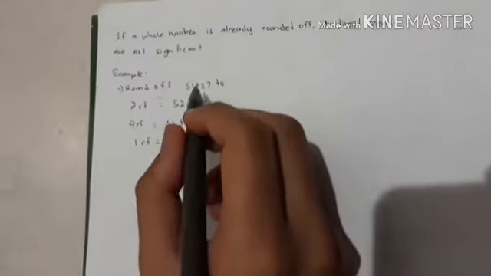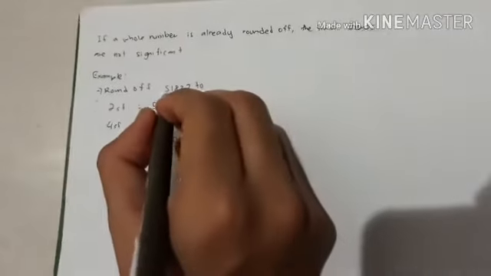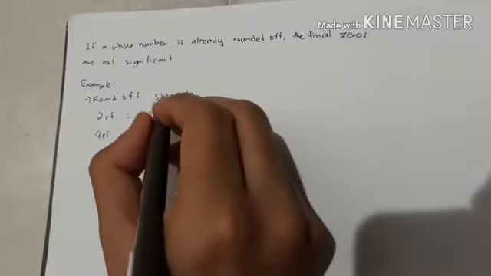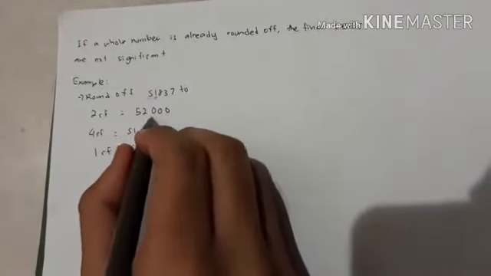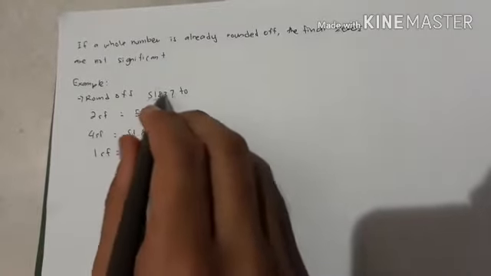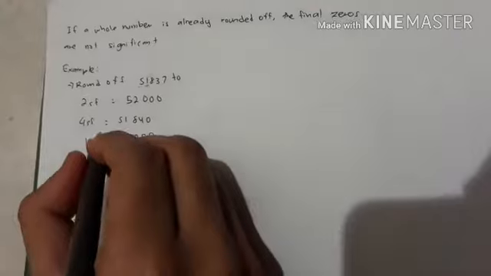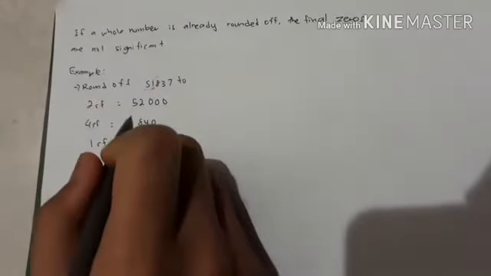If we want to round off to two significant figures, we count 1, 2 from the front. So when rounded off, we will get 52,000, because the numbers at the back become 0. The second example is 4 significant figures. We want to round off to 4 significant figures.